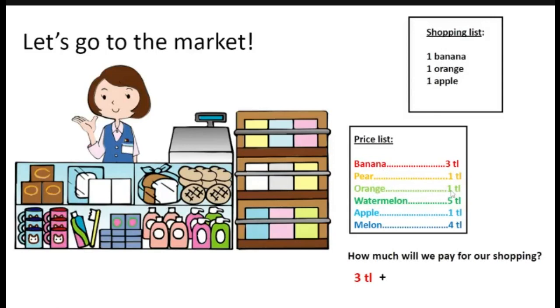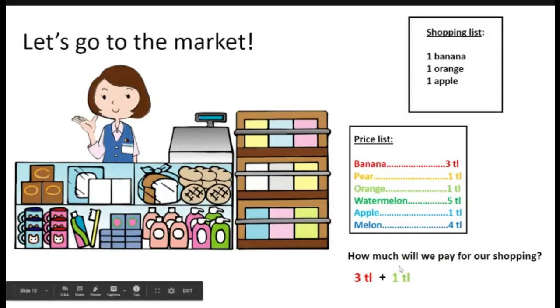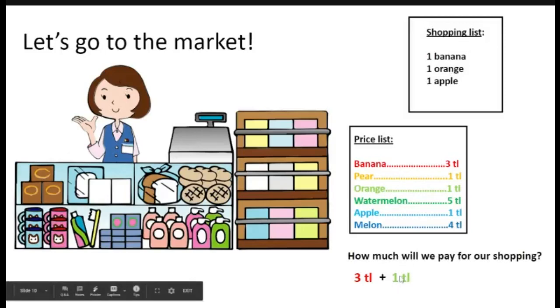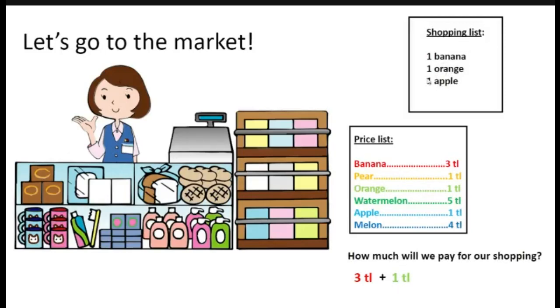Orange, 1 lira. So 1 lira for one orange. And we want to buy one apple. How much does one apple cost? Apple, 1 lira. It costs 1 lira.